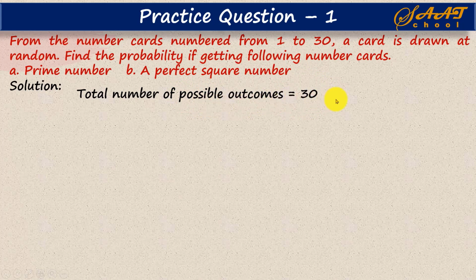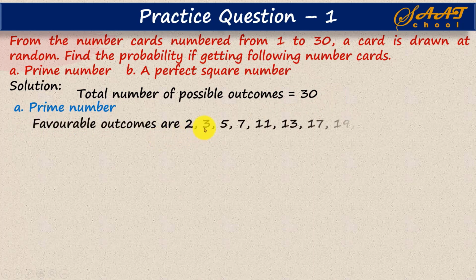Now the first question is to find probability of prime number. We have prime numbers from 1 to 30, which are 2, 3, 5, 7, 11, 13, 17, 19, 23 and 29.